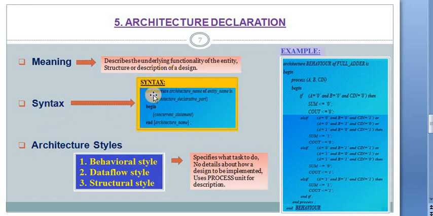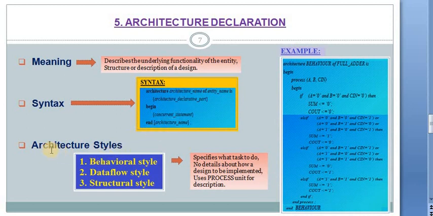The architecture name is specified as per the initial entity name declared before this. After this, all the logical equations are specified for the execution of the desired action. So all the statements are defined after this initial declaration of the architecture, and then the architecture name is closed.